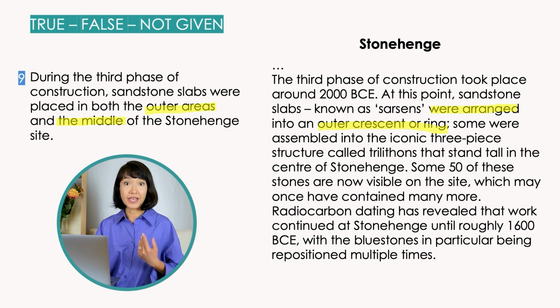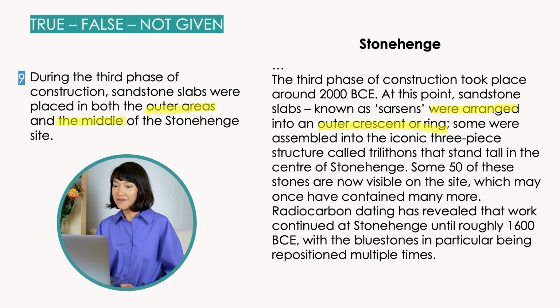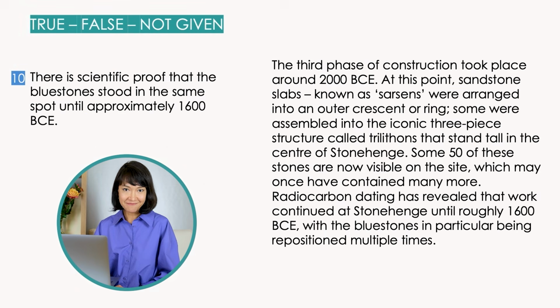Yes, outer areas. Then we have some extra information we don't really need, and some of them stand tall in the center. Yes, in the middle. The answer is true.